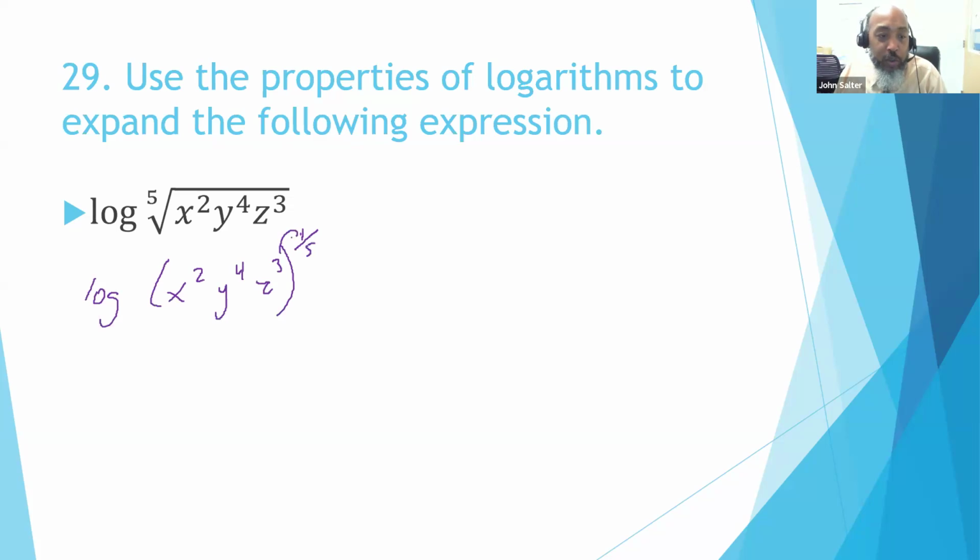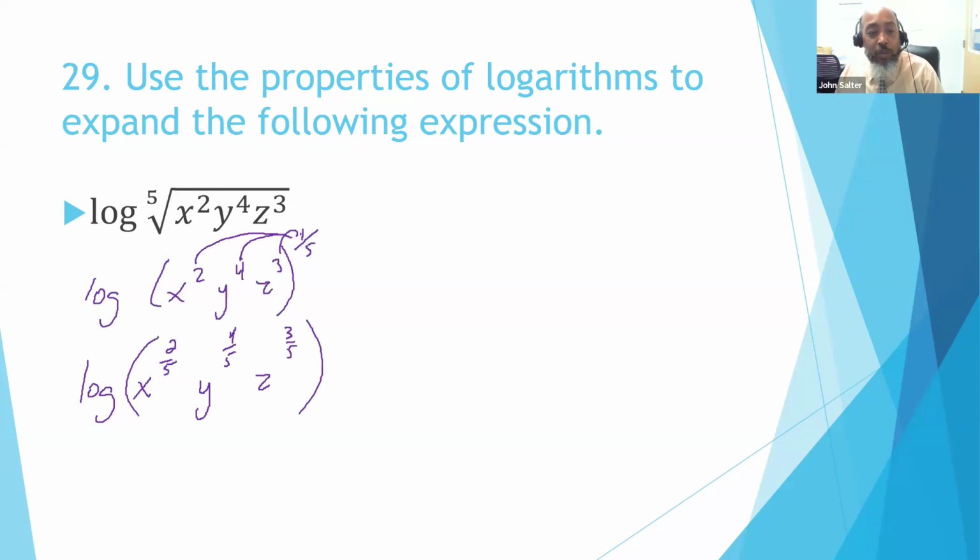I'm gonna go on and distribute to each of these, and then I'll do my split up. Okay. So this is like log of x to the 2/5, y to the 4/5, z to the 3/5.